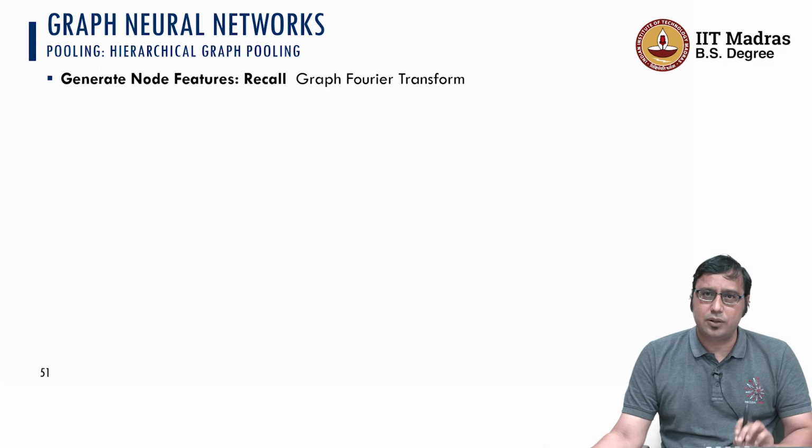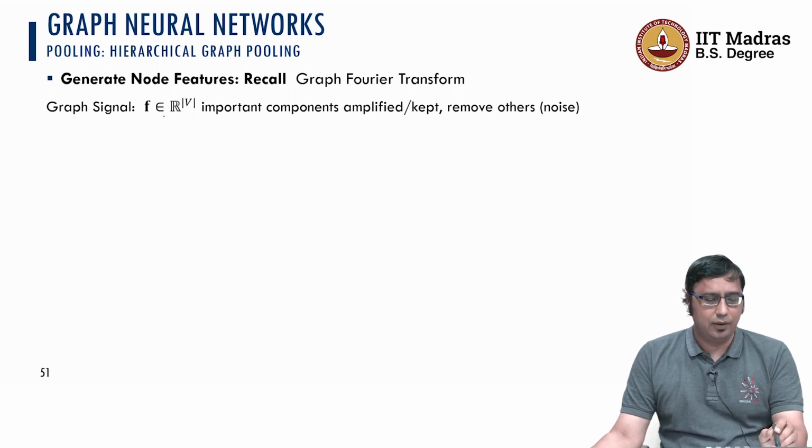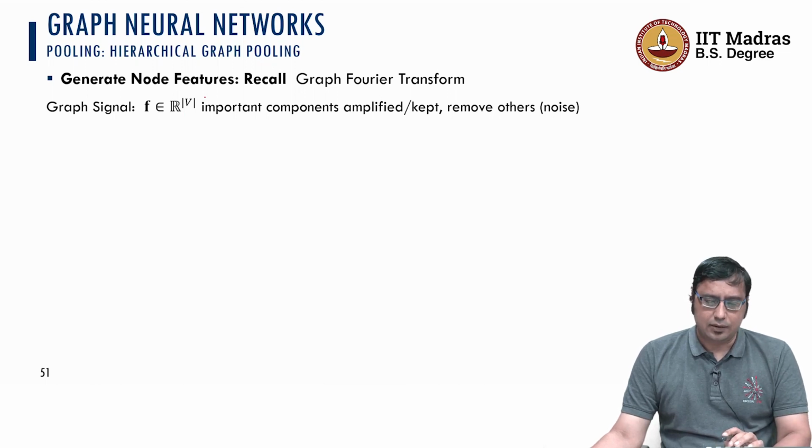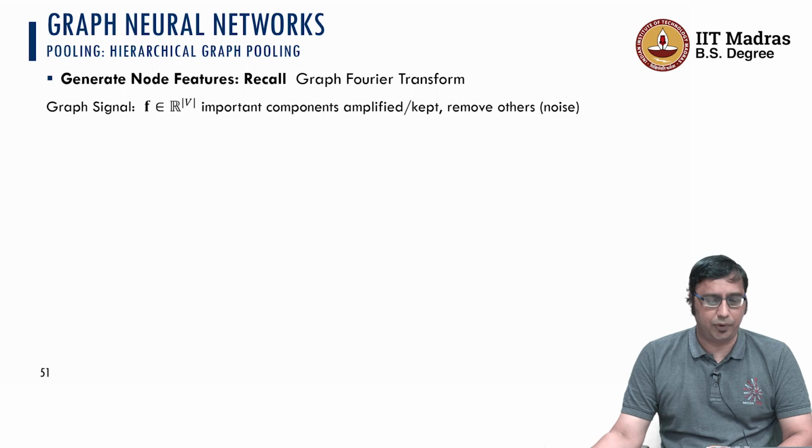I'll talk about a single graph signal, which we have looked at earlier, where for each node f belongs to R^n is used, and what we are interested in is keeping or amplifying the important components and removing the noise or unimportant components.